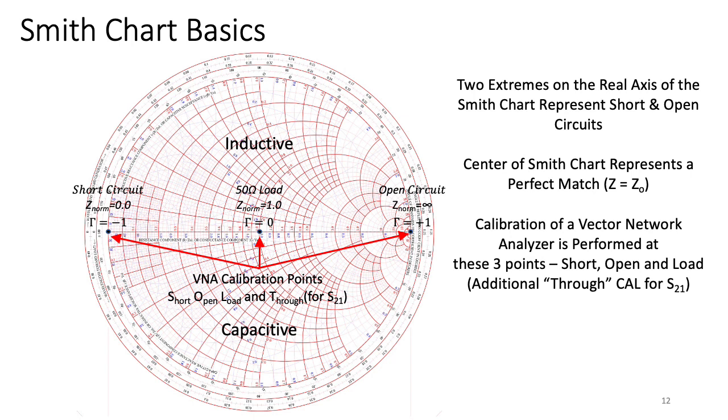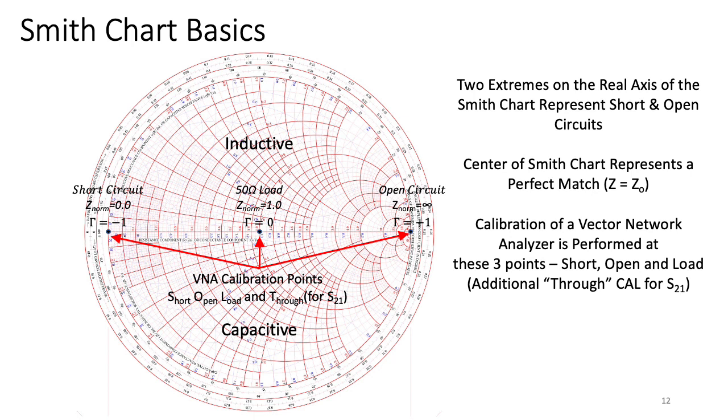Let's look at the Smith chart a little bit more closely and look at 3 specific points on the graph. In particular, we're going to look at the center where gamma is equal to 0. Remember, that corresponds to 0 reflection. And since we have 0 reflection, that must mean that we have an impedance which matches the characteristic impedance of our transmission line.